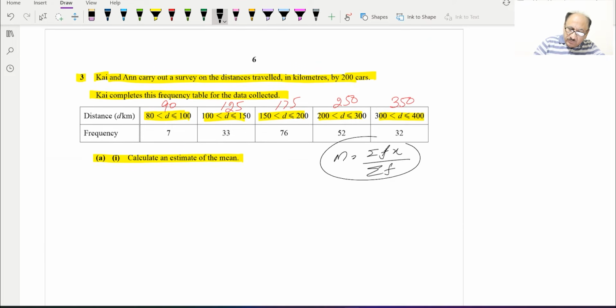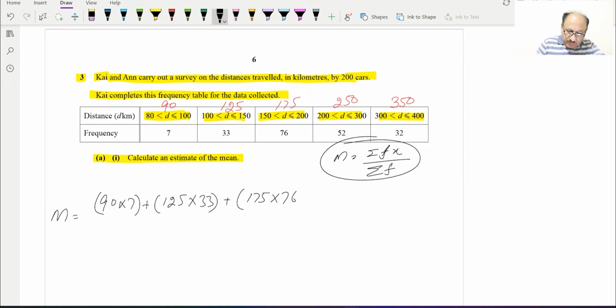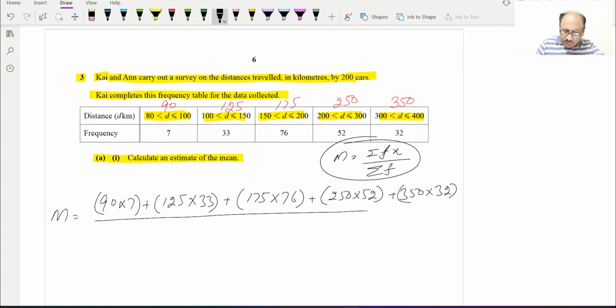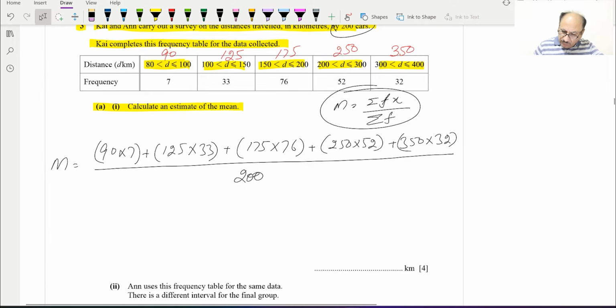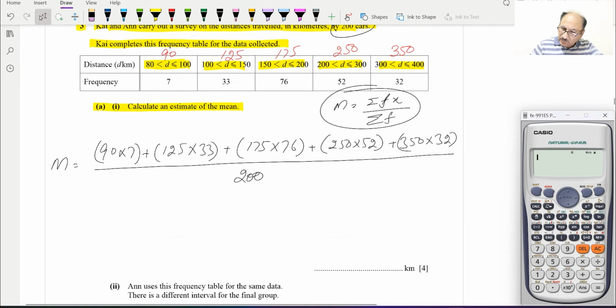This is the formula which we'll be using, and we can write mean is equal to 90 multiplied by 7 plus 125 multiplied by 33 plus 175 multiplied by 76 plus 250 multiplied by 52 plus 350 multiplied by 32, and whole divided by sigma f, which is the frequency total, 200. The answer to this one will be the mean, and we can carefully calculate this lengthier calculation.